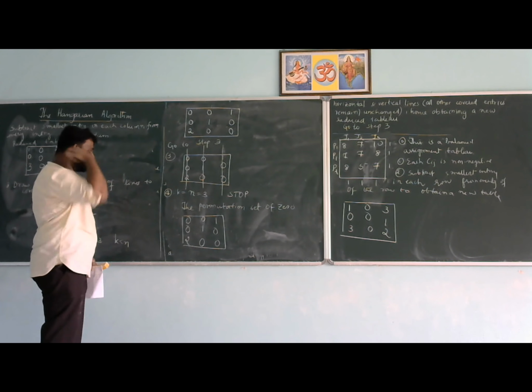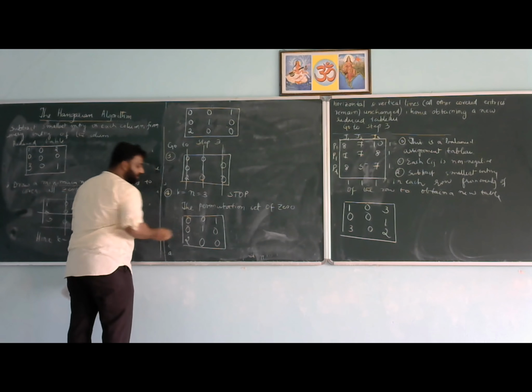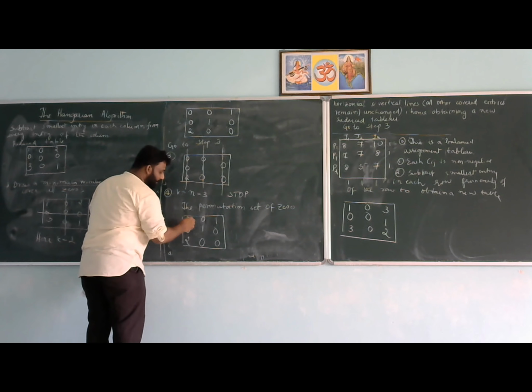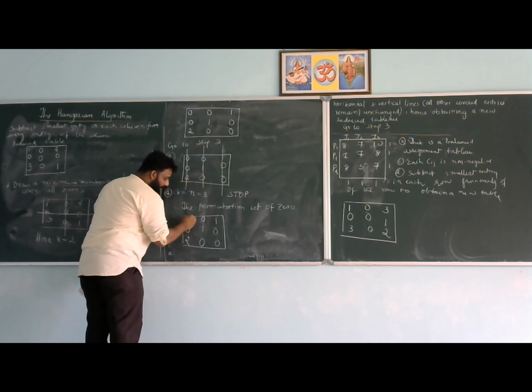Okay. ಈಗ permutation set of 0. ನಾನು ಒಂದು permutation set of 0 ಅನ್ನು asterisk ಅಂದ್ರೆ ಸ್ಟಾರ್ ಇಂದ ಡಿನೋಟ್ ಮಾಡ್ತೇನೆ. Asterisk or star. Okay. ಒಂದು ಇಲ್ಲಿ permutation set of zeros.